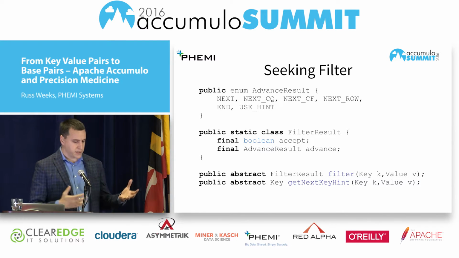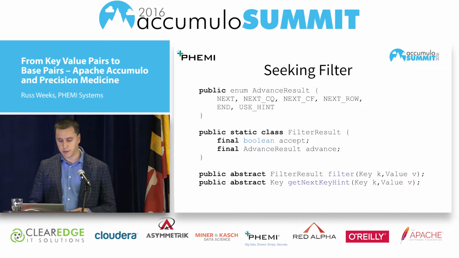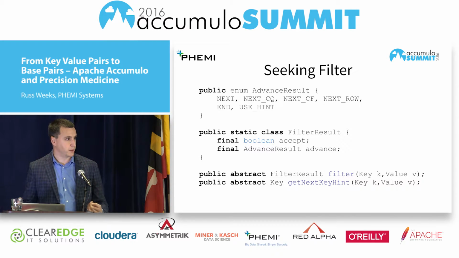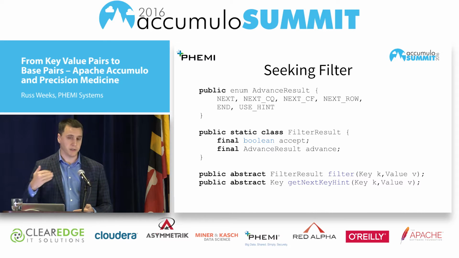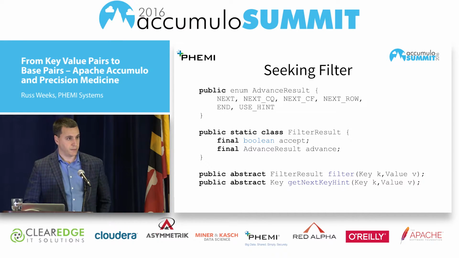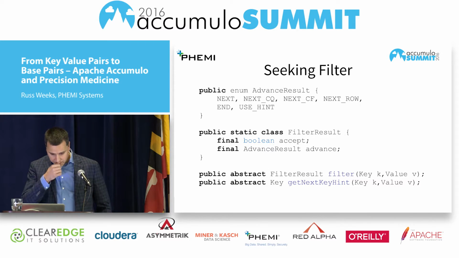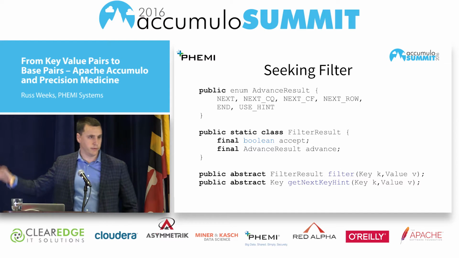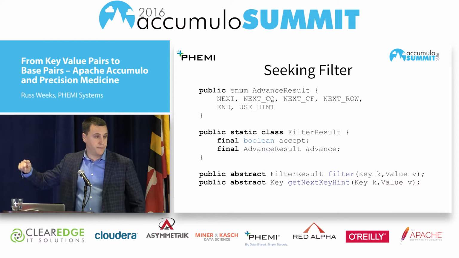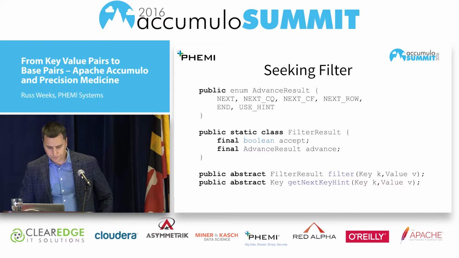So if you can tell by looking at a key value pair that maybe you're not interested in the rest of the versions of a particular column, or the rest of the columns in a particular column family, or the rest of the columns in a row, or even up to some arbitrary lower bound that you can determine yourself, then you can pass that information as part of the response from your predicate, and the seeking filter parent class will advance to the next thing that you might be interested in.